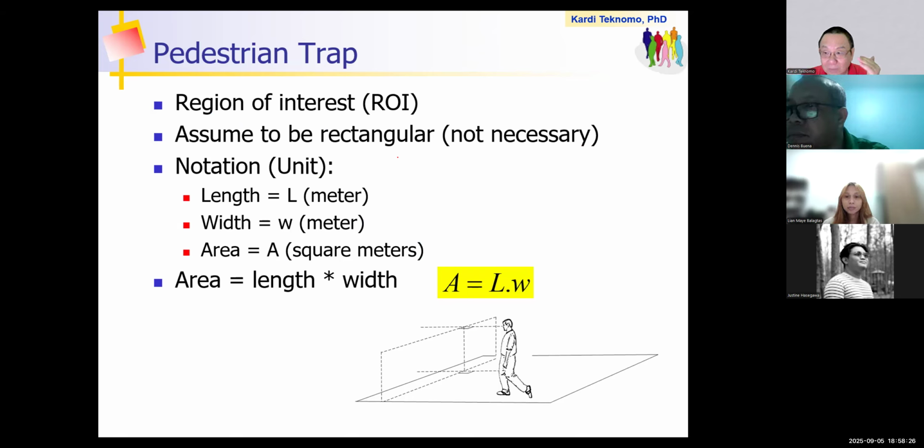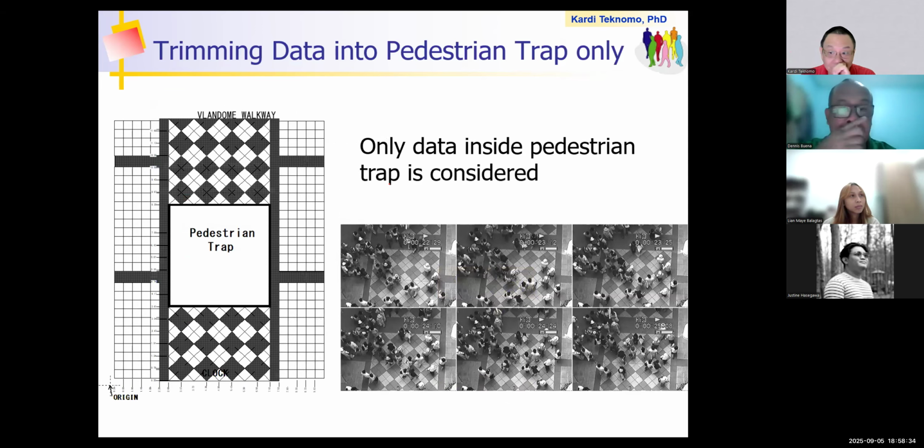It's easier if we assume rectangular, but not necessarily rectangular. And this is the example when I do pedestrian traffic data, in Japan, in Sendai.